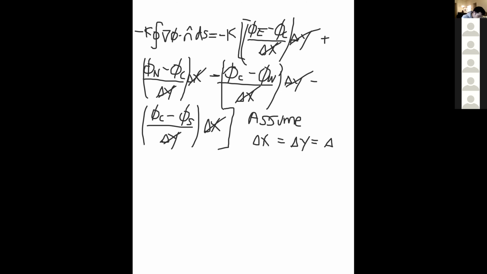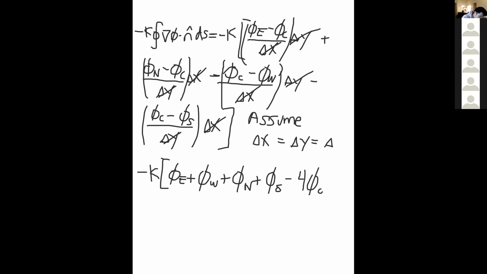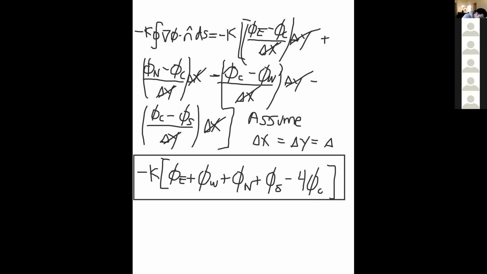And then we're left with the following expression after we simplify a bit. So we have minus k times phi e plus phi w plus phi n plus phi s minus 4 phi c. Let's put a box around this. That right there is our finite volume equation for the diffusion term.